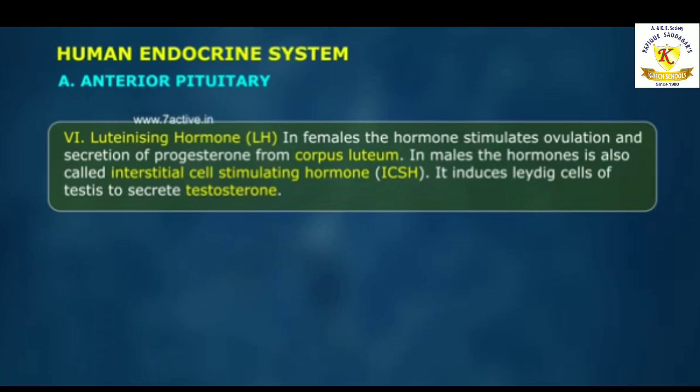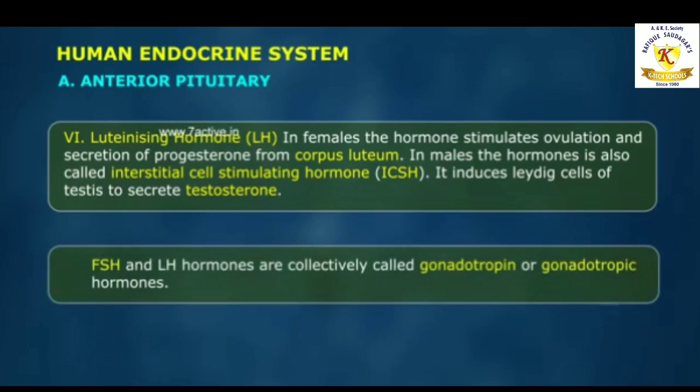In males, the hormone is also called interstitial cell stimulating hormone. It induces Leydig cells of testes to secrete testosterone. We have learned this in our previous lectures. Let's see the next hormone. FSH and LH hormones are collectively called gonadotropin or gonadotropic hormones.